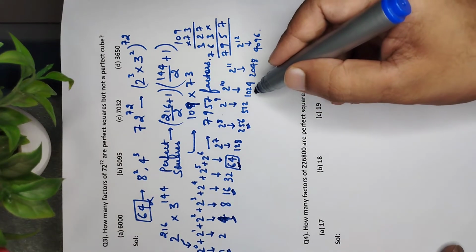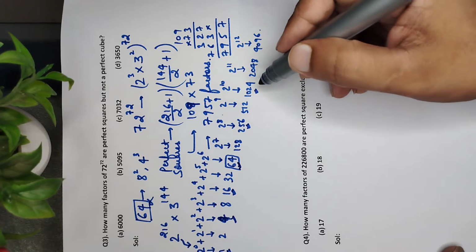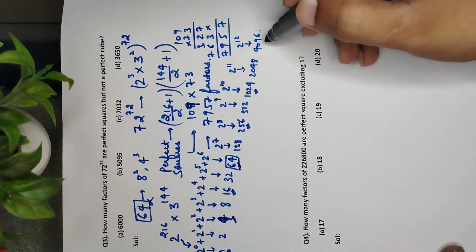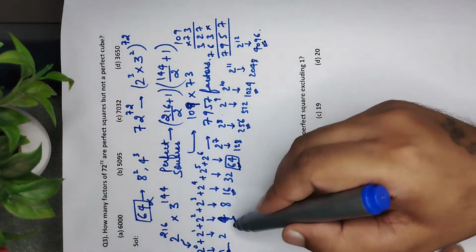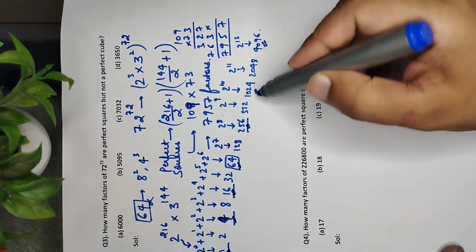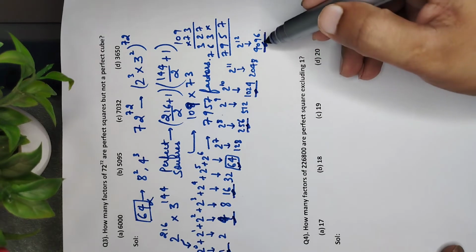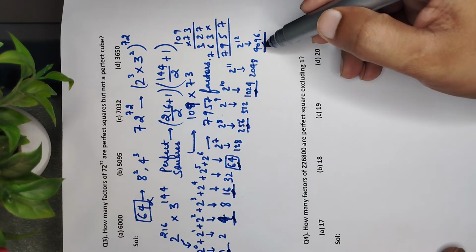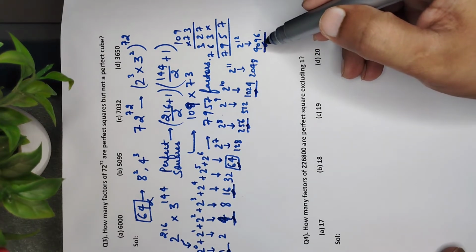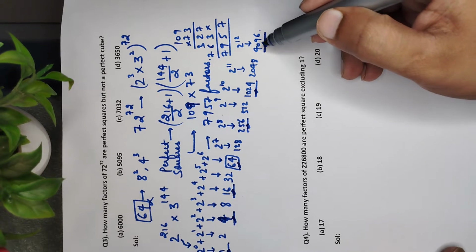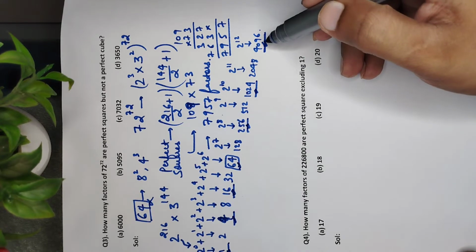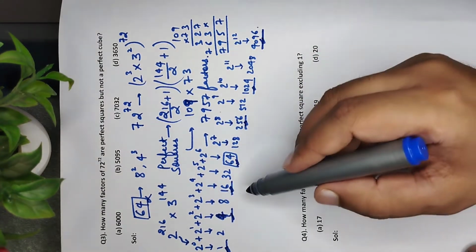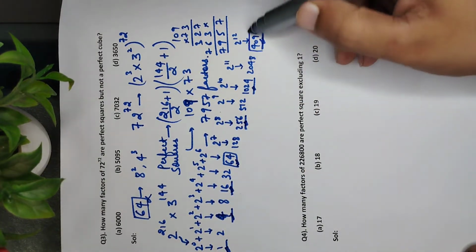This is the perfect square of 32. Then this number is also a perfect square. All these numbers are the perfect squares. But this 4096 is a perfect square as well as the perfect cube. This number is the perfect cube of 16. So while counting the squares, we also counted some cubes.